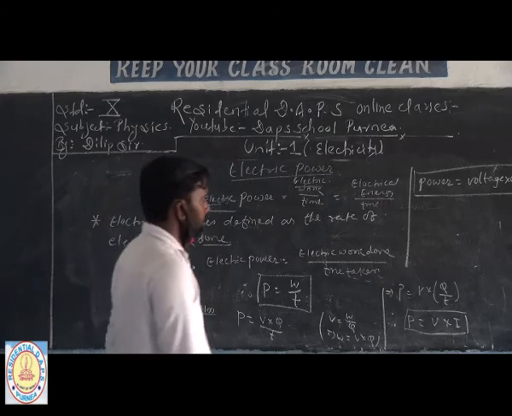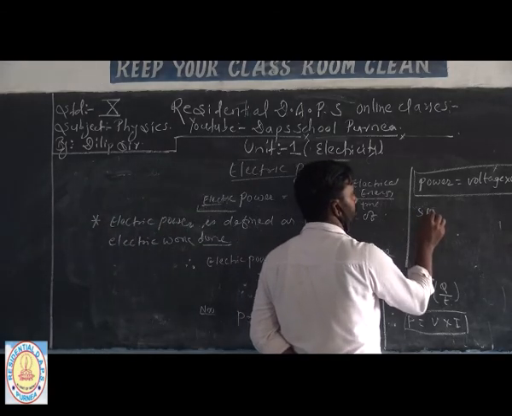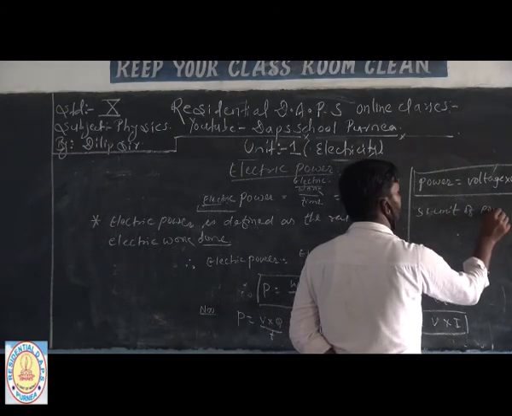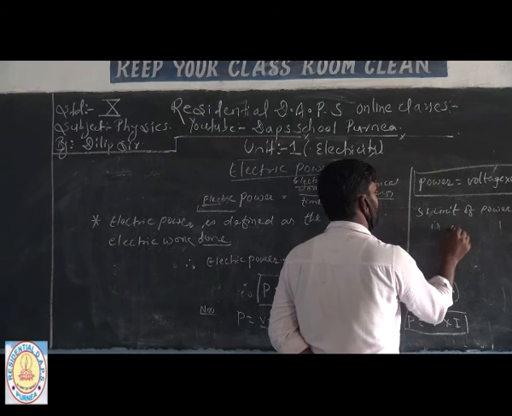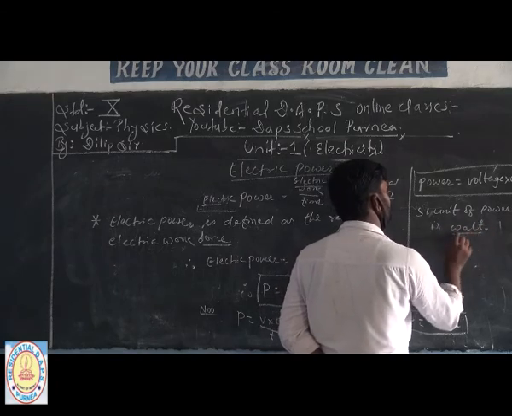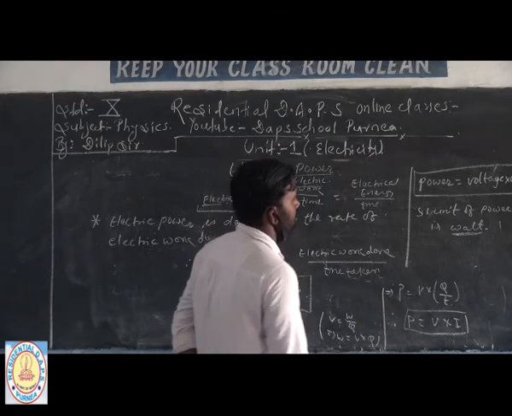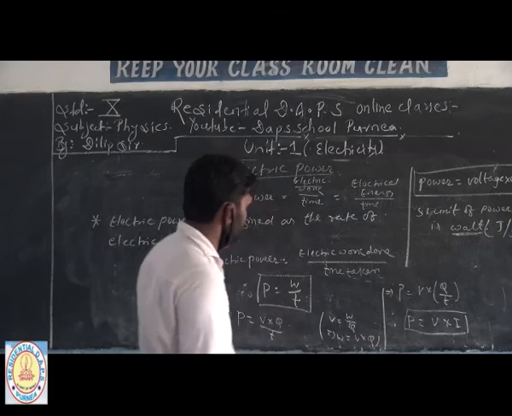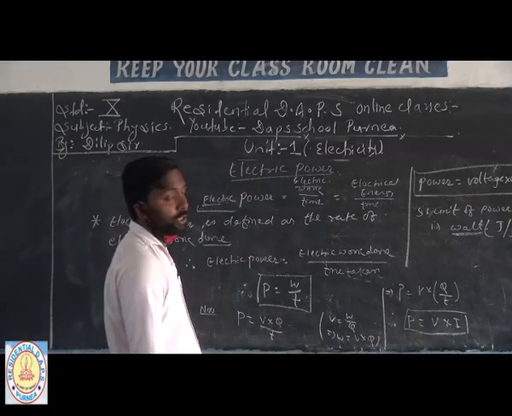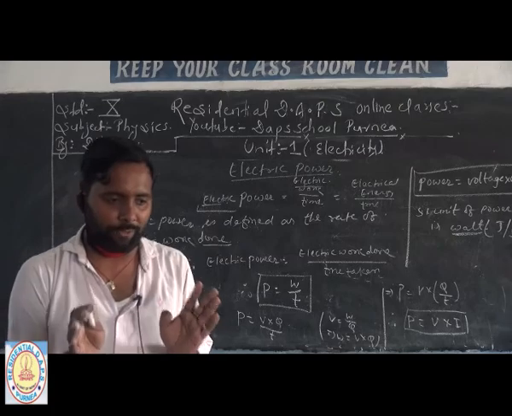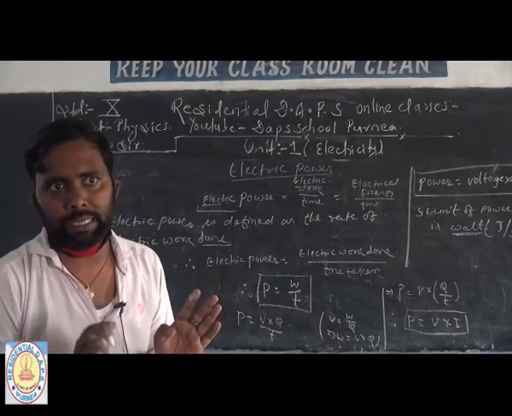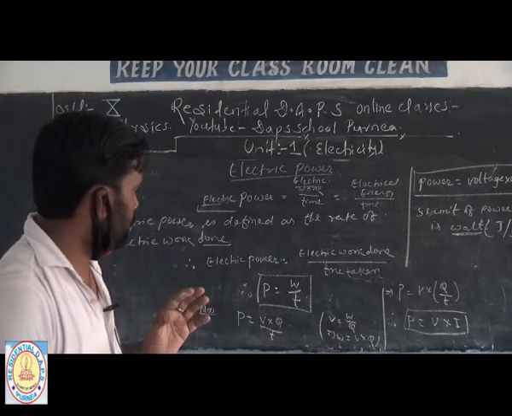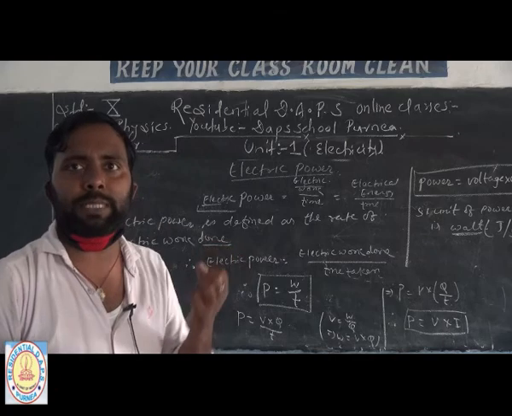Okay, now the standard unit of power is watt, that is joule per second. Whenever we go to buy an electrical appliance, we have to know the power of that appliance.